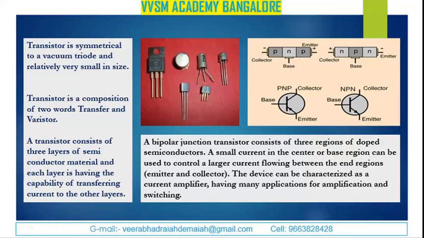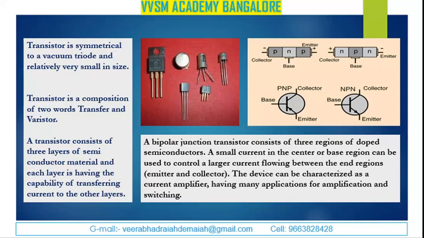A transistor is similar to a vacuum triode and relatively very small in size. So, my dear friends, the word transistor is a composition of two words, transfer and resistor. A transistor consists of three layers of semiconductor material, and each layer has the capacity of transferring current to the other layers.